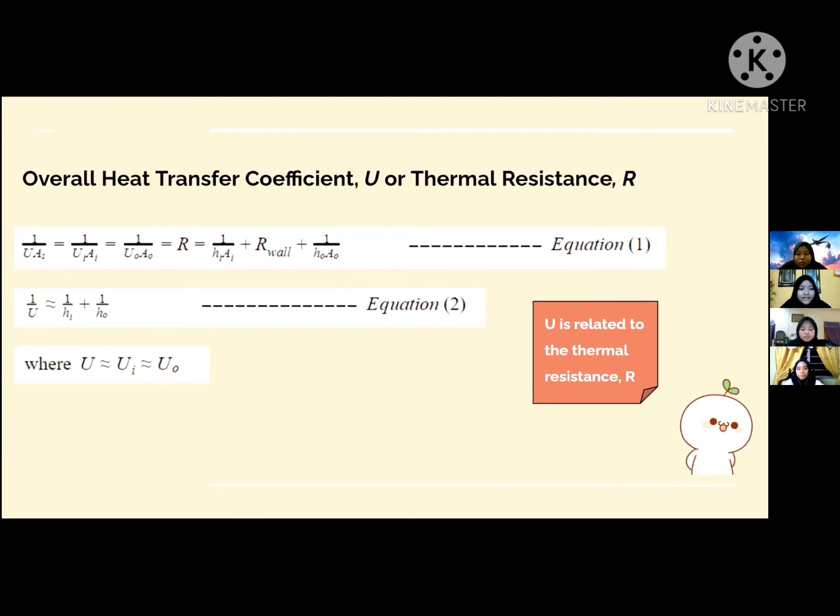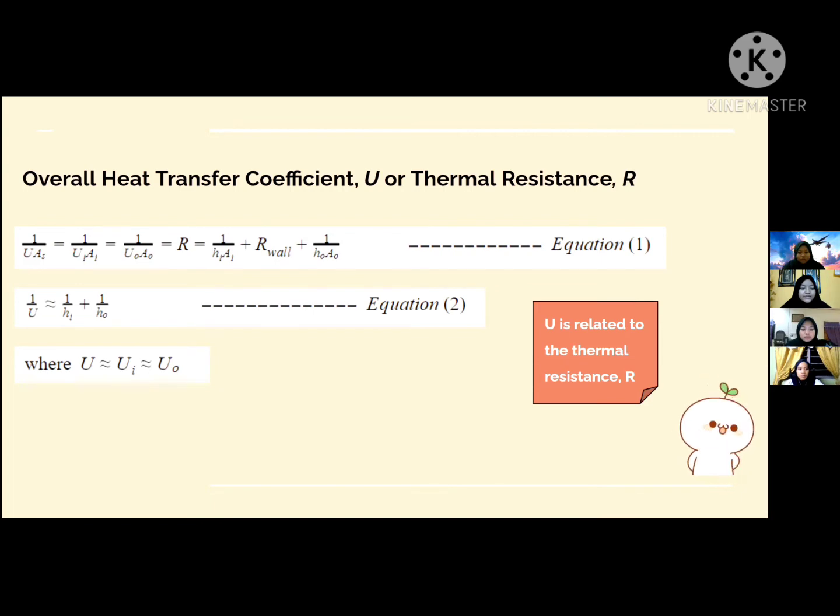And then R equals thermal resistance of convection at inlet plus thermal resistance of conduction of wall plus thermal resistance of convection at outlet. The surface of the wall separates the two fluids respectively.